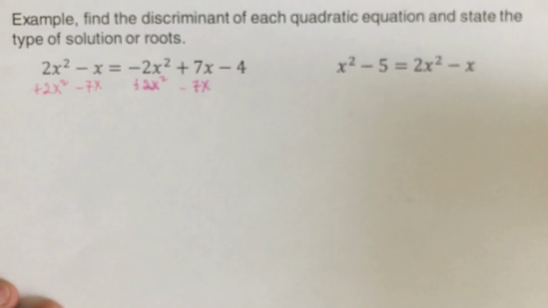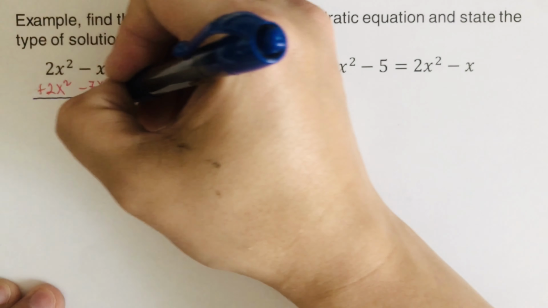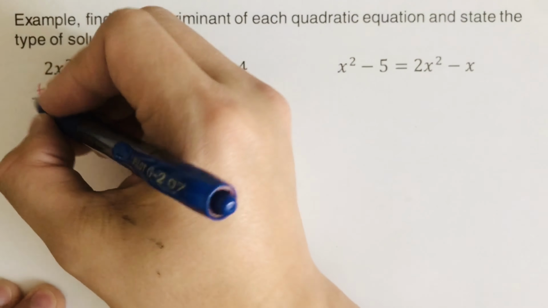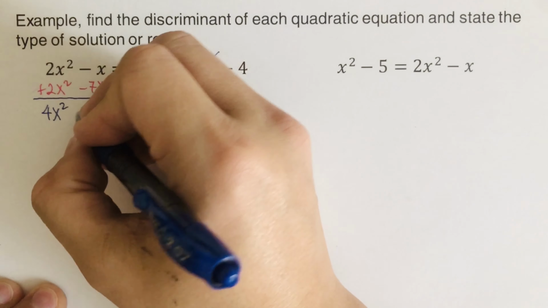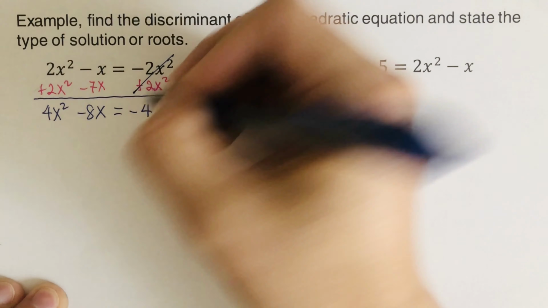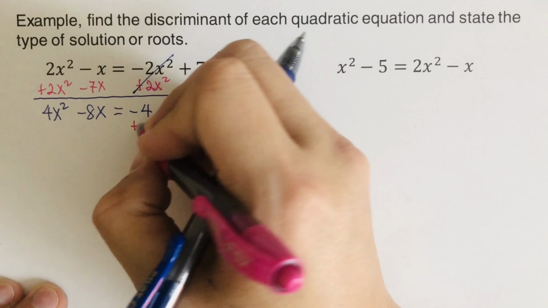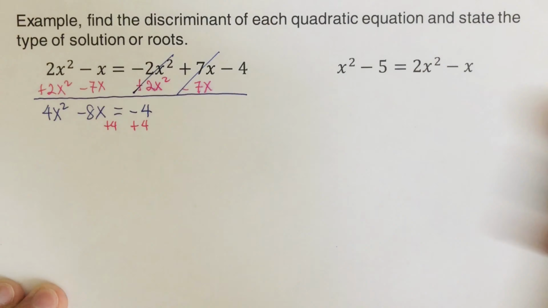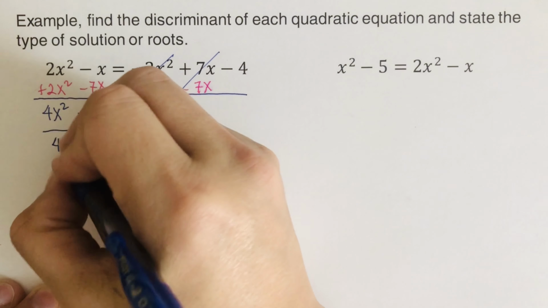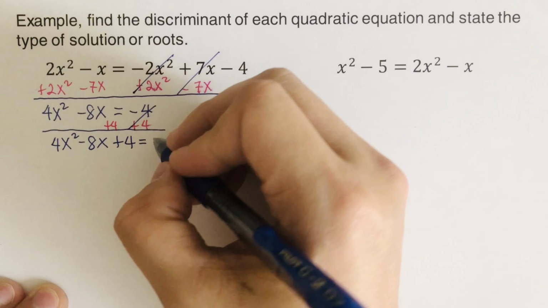Because we want the right side to be equal to 0, we cross this out, so we're left with 4x squared minus 8x is equal to negative 4. Again, we want the right side to be 0, so we add 4 to both sides, and that makes the right side equal to 0. So that is 4x squared minus 8x plus 4 equals 0.